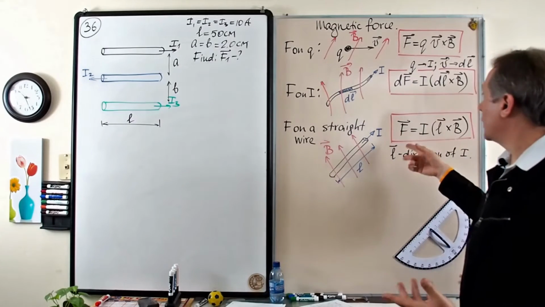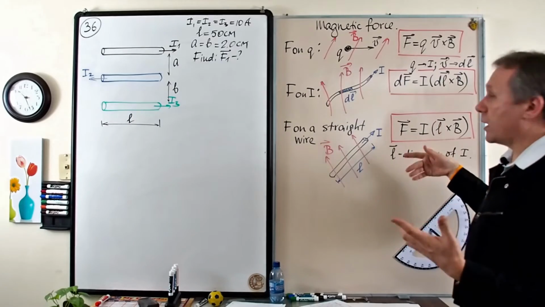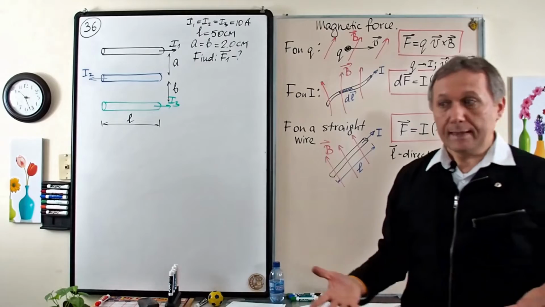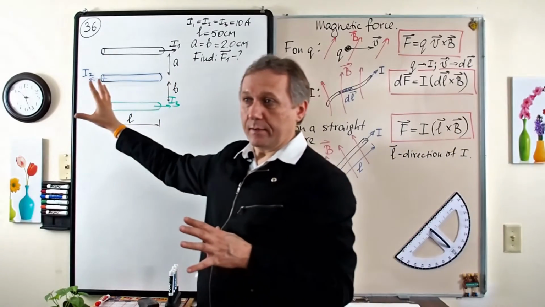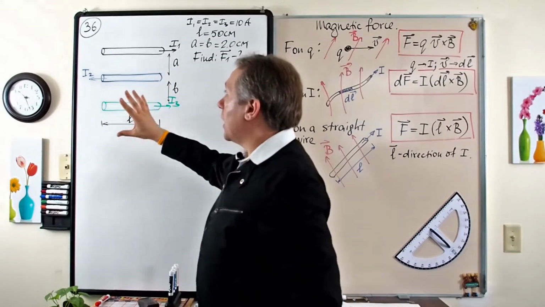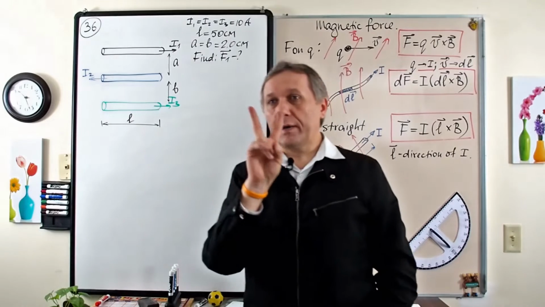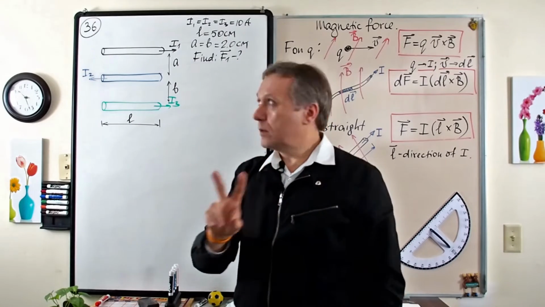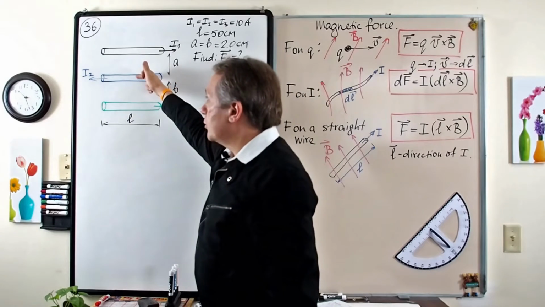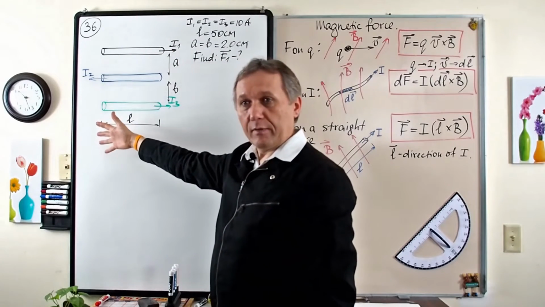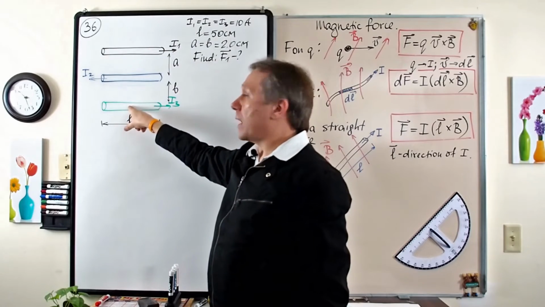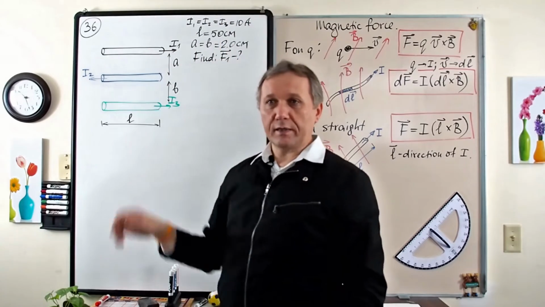And then once you know a magnetic field and which wire is exposed to the magnetic field, you can use this formula in order to find the force. The same idea is here. But now we have two wires which are going to create magnetic field. So current I2 is going to create magnetic field everywhere, and of course, at the place of the wire I1, current I3 is going to create its own magnetic field.